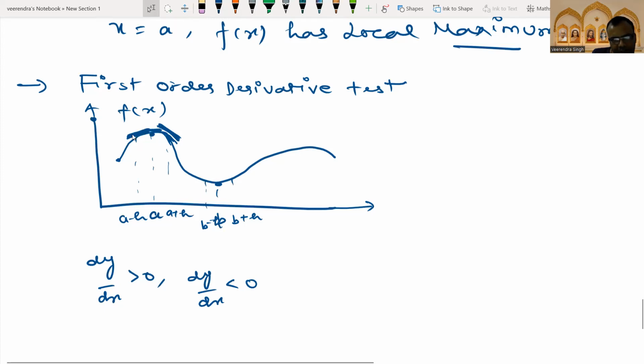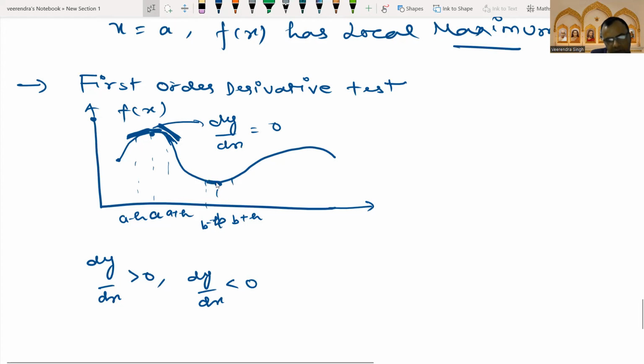From here to here the slope is positive, here to here the slope is negative, so at this particular point dy by dx is 0.